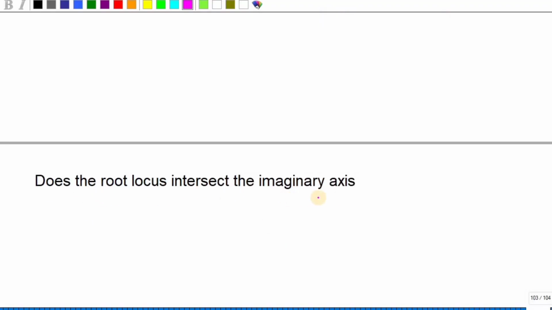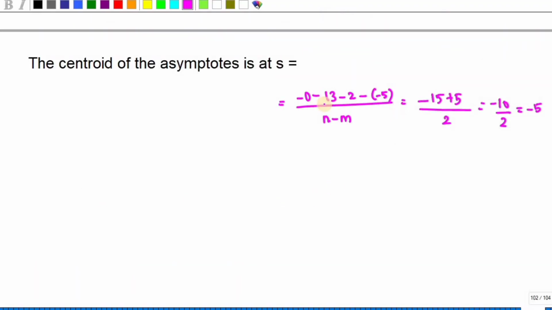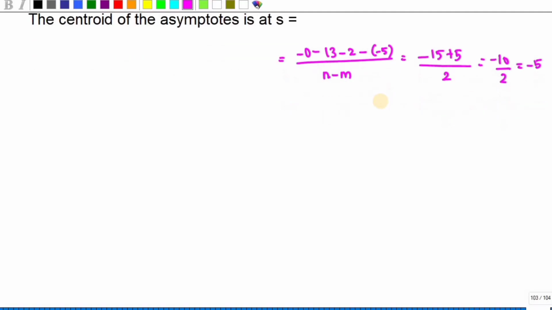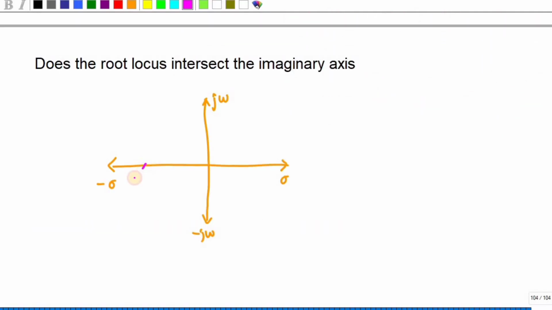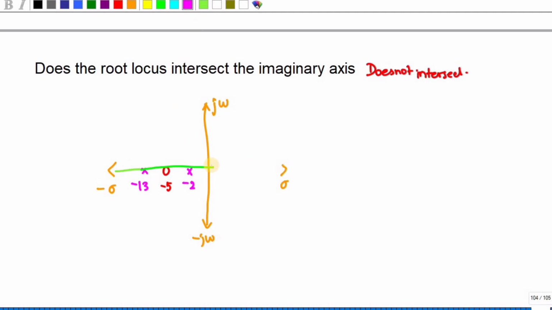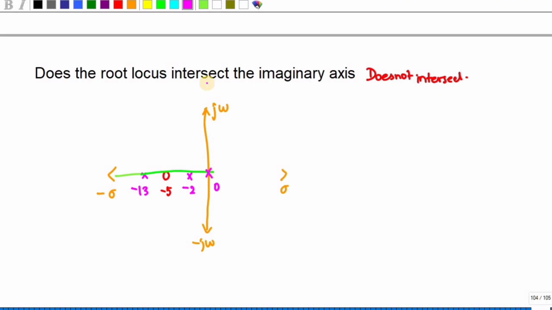The next question: does the root locus intersect the imaginary axis? What are the poles? Minus 2, minus 12 and minus 13 are poles, and at 0 I have a pole, and at minus 5 I have a zero. If I start from minus 2, on the right hand side I have only one pole, so a root locus exists between minus 2 and 0.